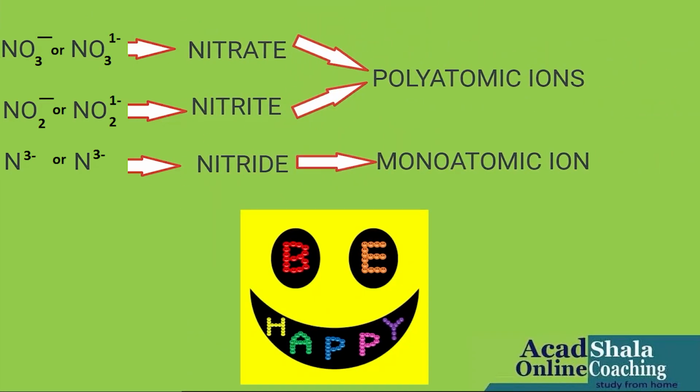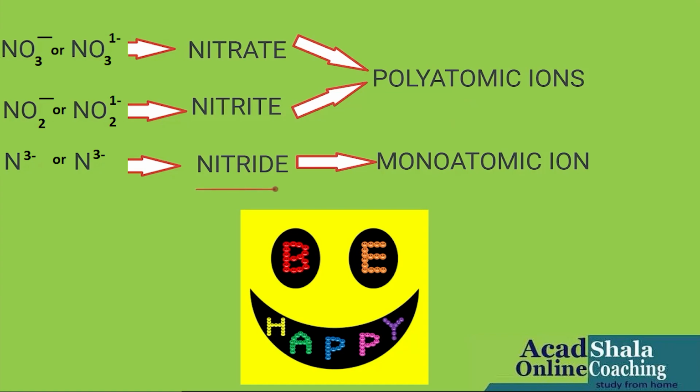Now, students, on the screen you are seeing nitrate, nitrite, nitride. First of all, you see the suffixes ATE, ITE, IDE. Correct, children? In this series, the first two are known as polyatomic ions, because they are composed of more than one atom, that is, many atoms.